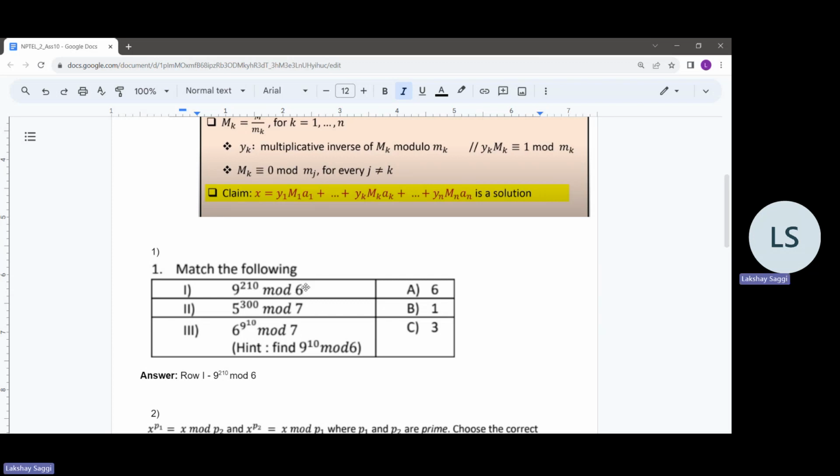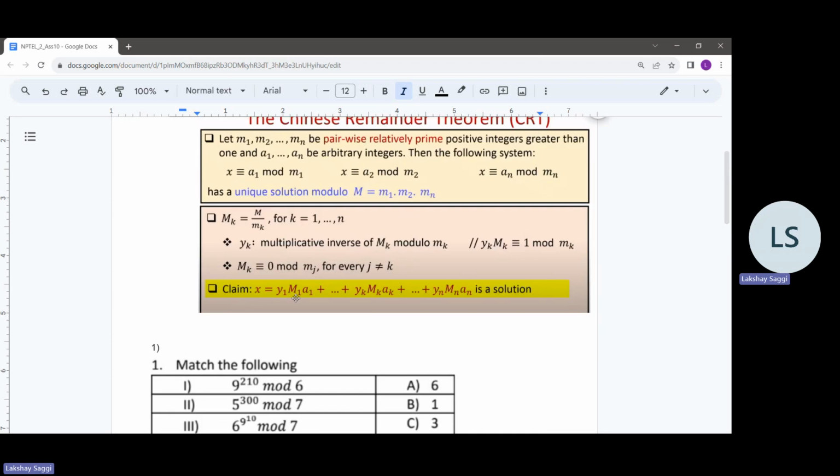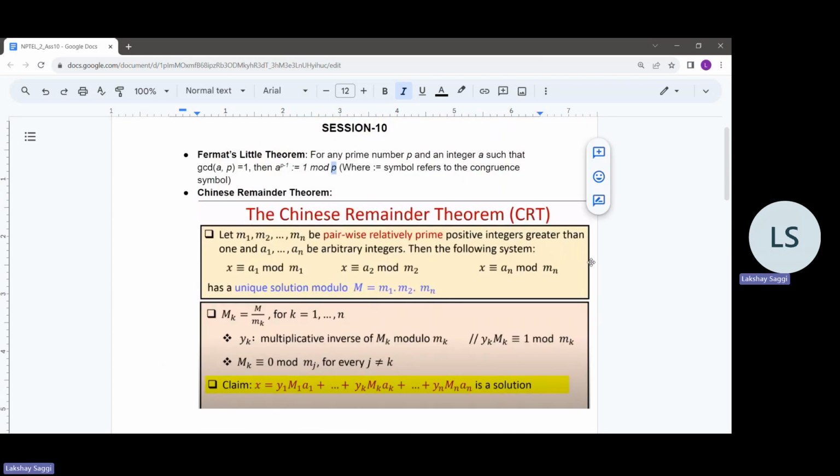But if a number is not prime, then it is composite. And if a number is composite, then we can write it as a prime factorization, right? 6 can be written as 2 times 3. And if we write 6 as 2 times 3, then we can apply the Chinese remainder theorem instead. Because in the Chinese remainder theorem, capital M is written as M1 times M2 till Mn.